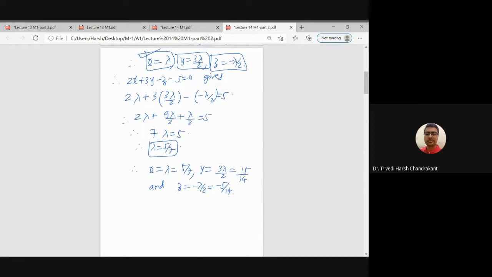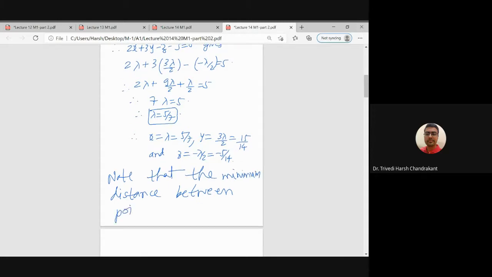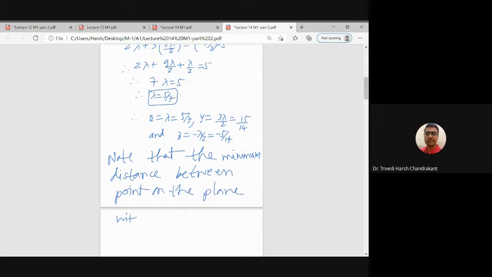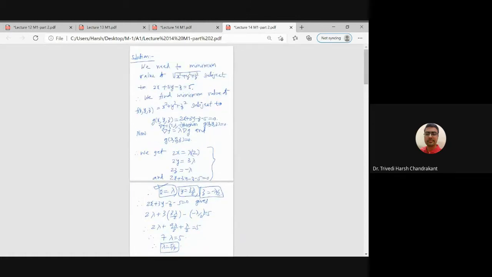Right, so basically note that the minimum distance between point on the plane with origin. So here we started with the function which was x square plus y square plus z square, but finally we want to find it's at the square root of x square plus y square plus z square.